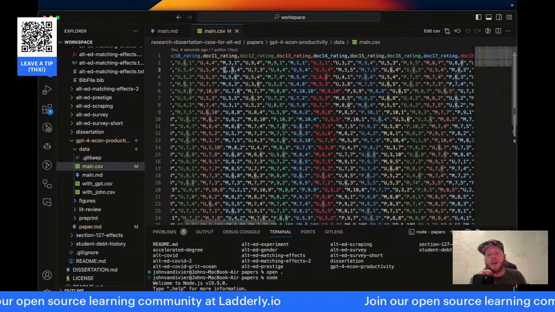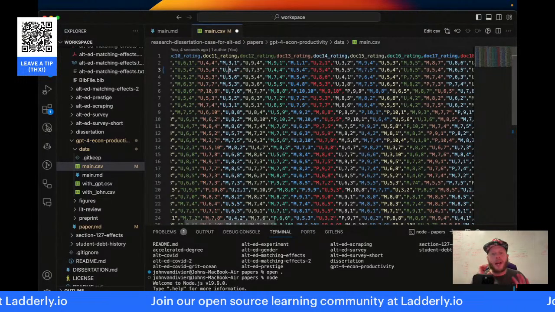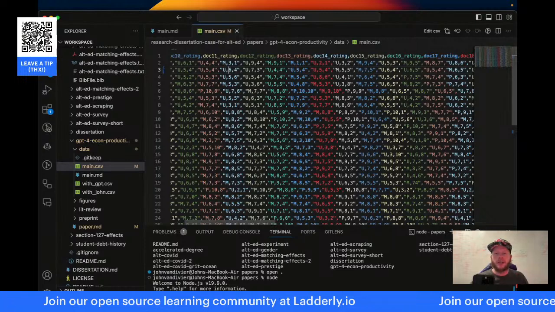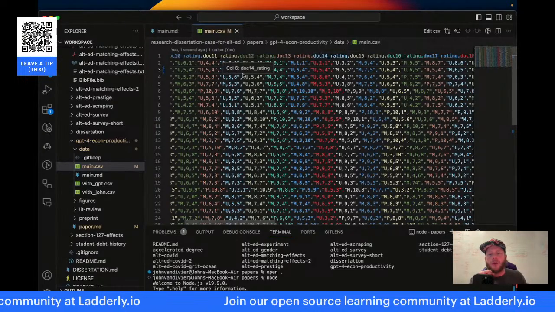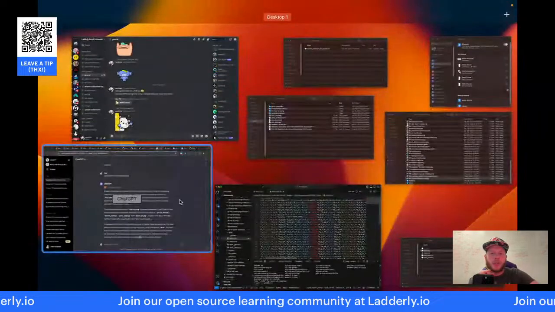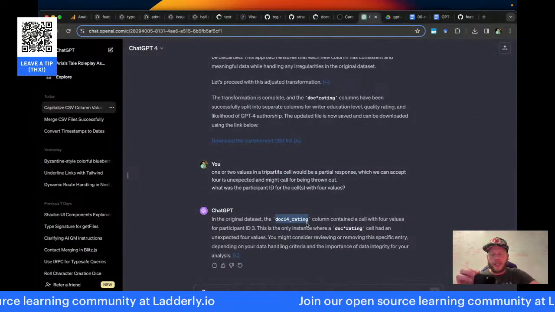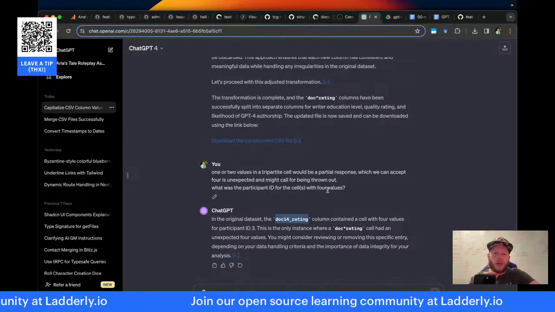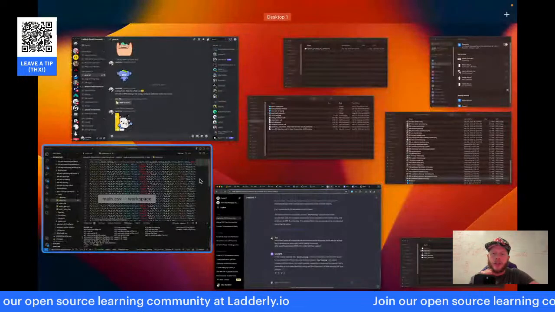Right, and here there are not 4 values. There is simply an extra comma, okay? I feel extremely fine making that manipulation. So will it say 14 row 3? Yeah. In the original data set, doc 14 rating column contained a cell with 4 values, participant ID 3.